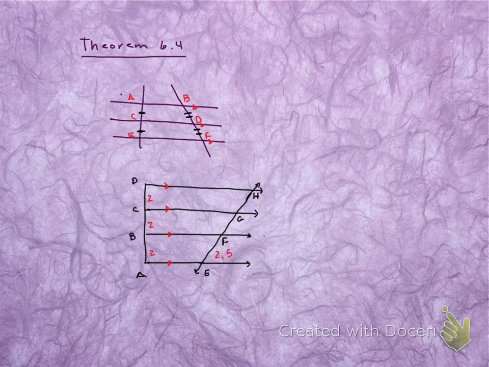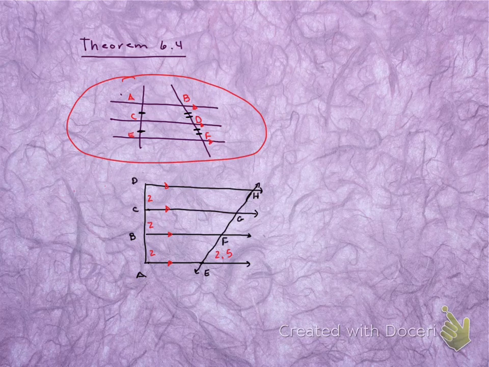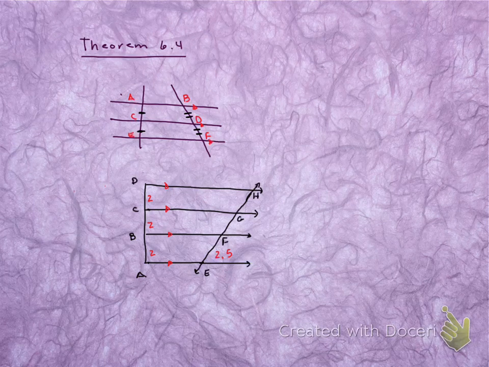Now this last theorem, I did not write it down because it is very wordy, but here's an illustration of the theorem right there. Theorem 6.4 says if 3 or more parallel lines cut off congruent segments on one transversal, then they cut off congruent segments on every transversal.